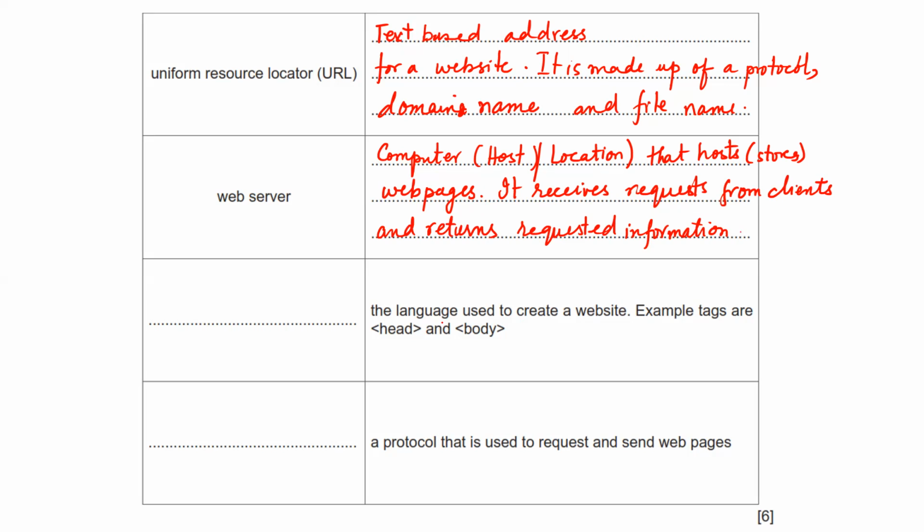Then it says describe the language used to create a website. Remember, it is not HTTP, sorry, my bad. It is HTML. So it is HTML language. You have to write the complete name. It is hypertext markup language.